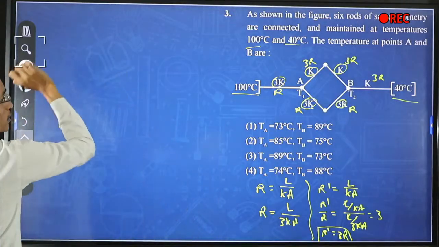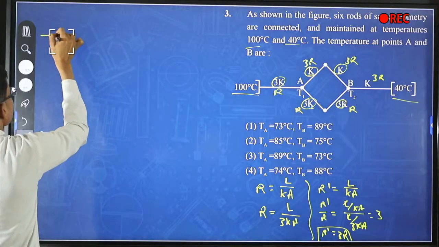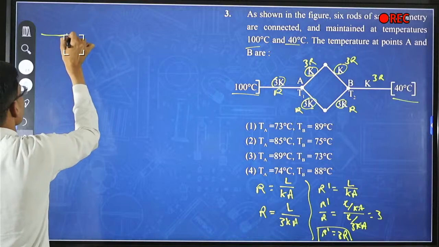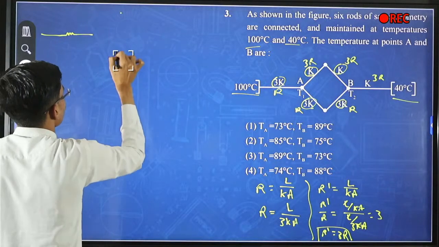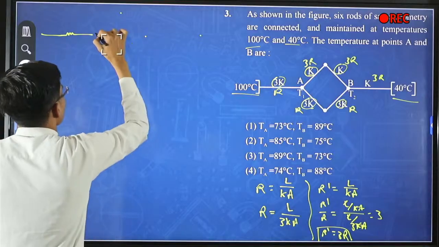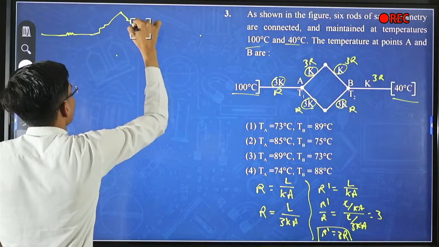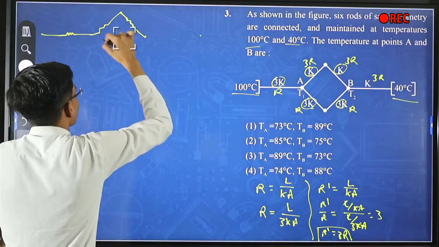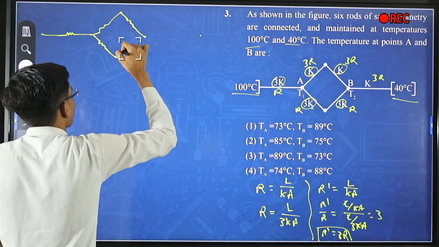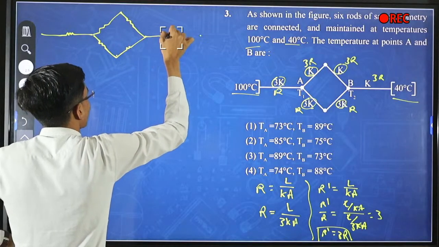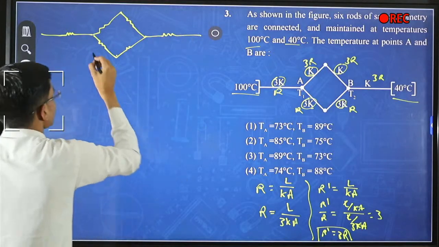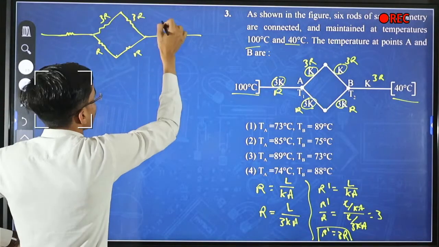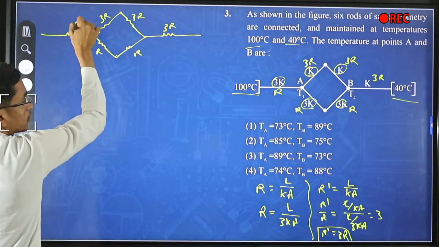Okay, so let us convert this diagram into resistances. Here are R, 3R, here also 3R, and here R.